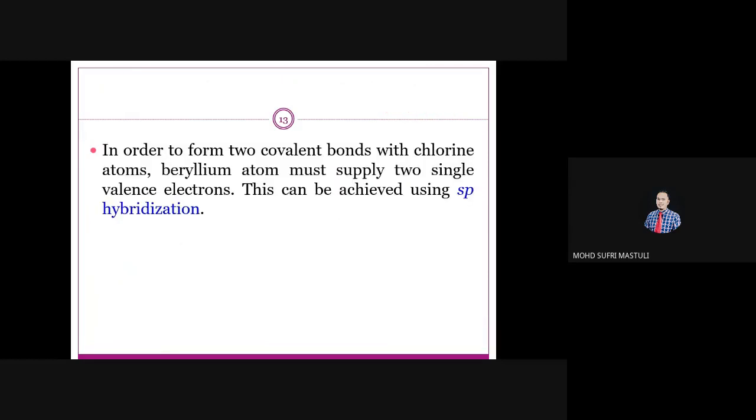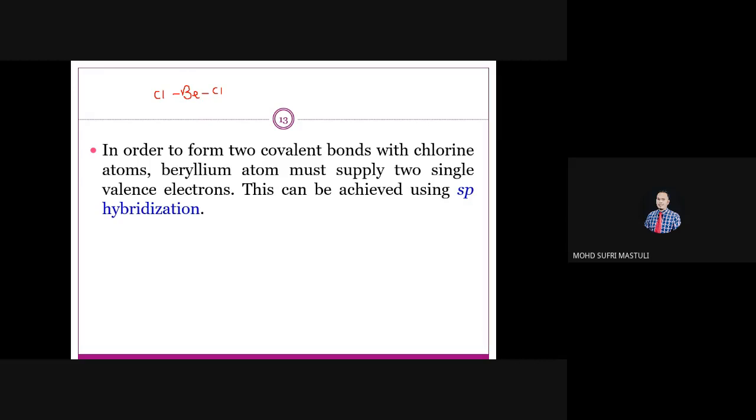So we can conclude, in order to form two covalent bonds with chlorine atoms, the beryllium atom must supply two single valence electrons.